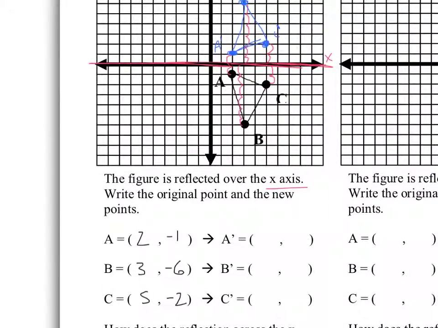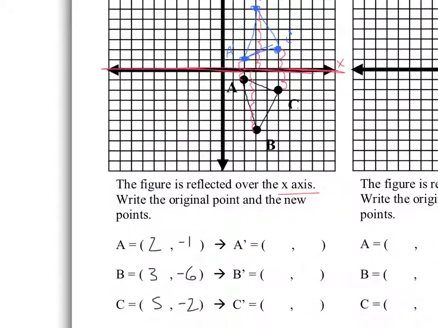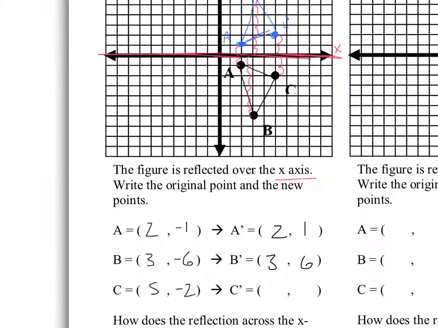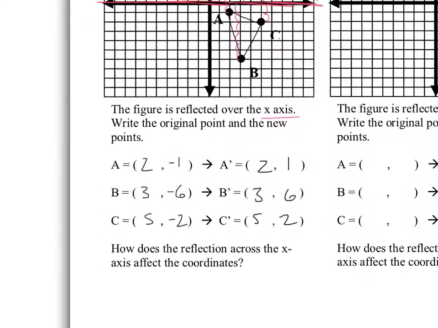Somebody give me the coordinates for A prime. Giselle? 2, 1. Somebody give me the coordinates for B prime. Dahlia? And the coordinates for C prime. Jaquan? 5, 2.